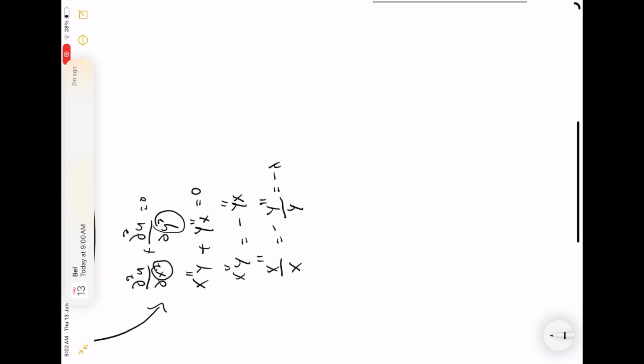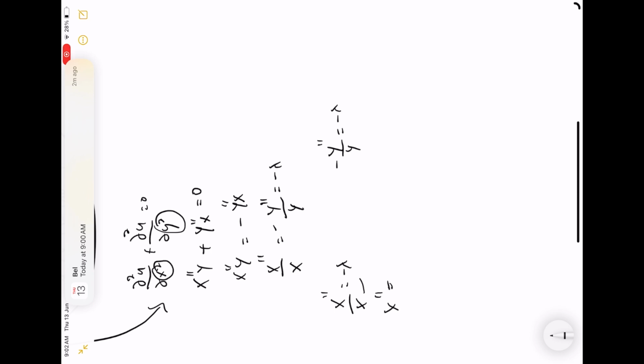So when you have this, you can separate this into two ODEs. So x double prime over x equal to negative lambda, and negative y double prime over y equal to negative lambda. Okay, bring this to one side, you will have x double prime plus lambda x equal to 0.